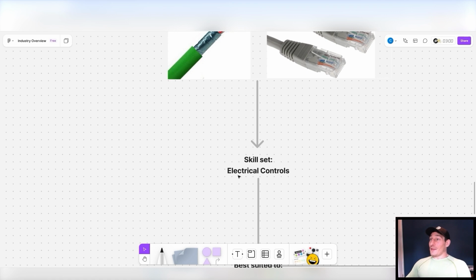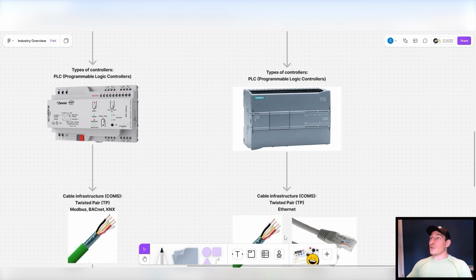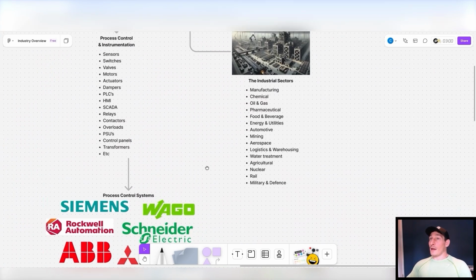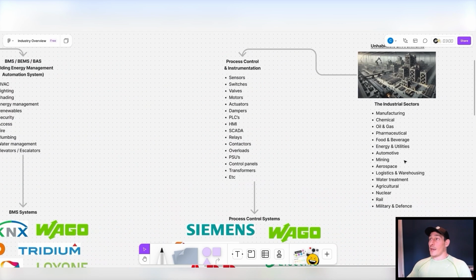And again, the skill set. If you want a fundamental skill set that's going to help you in process control, industrial controls, instrumentation, it's electrical controls. If you go searching for electrical control engineer, the things that they talk about are relevant for this industry over here and this industry over here.